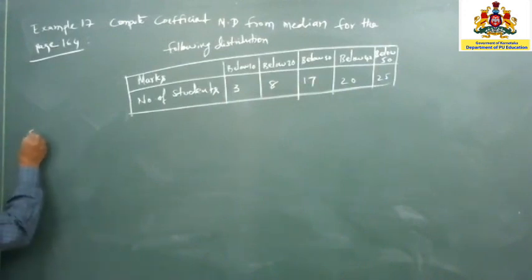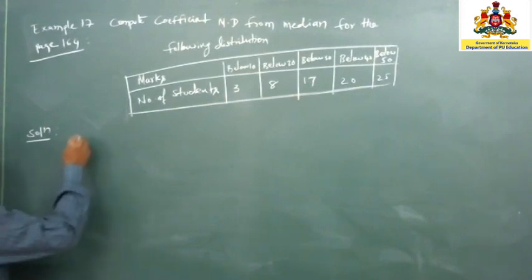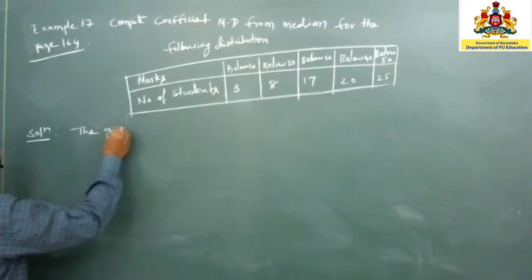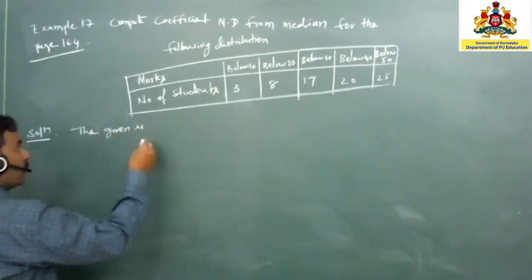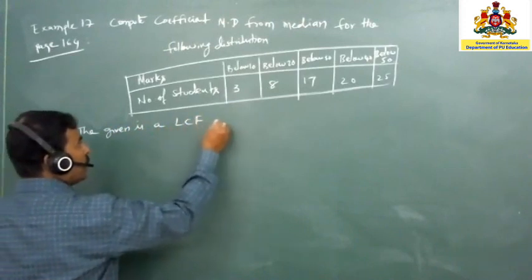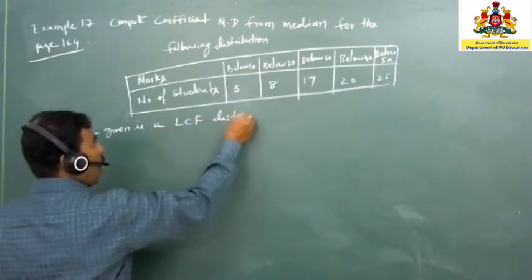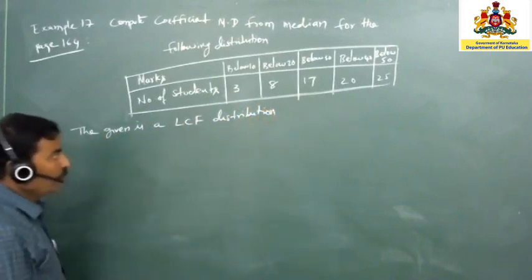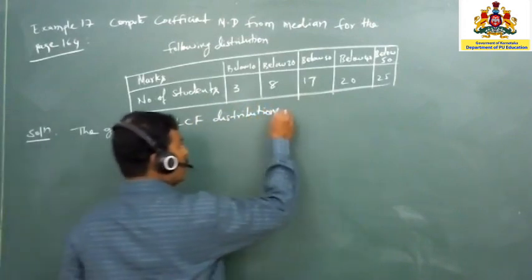Solution. Here you have to calculate mean deviation from median, and the given data is an LCF distribution, that is, a less than cumulative frequency distribution.